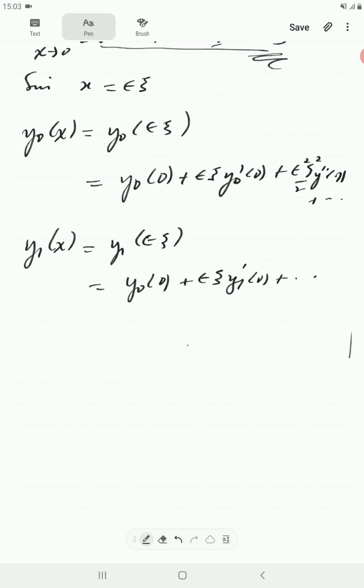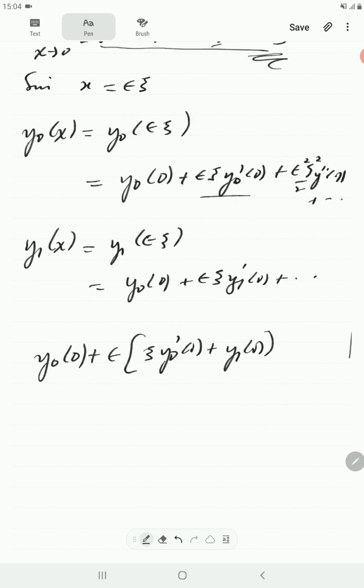We're going to have the terms at order 0, which is just y0 at 0. Then the terms at order epsilon, we are going to have xi y0 prime at 0 plus y1 at 0.